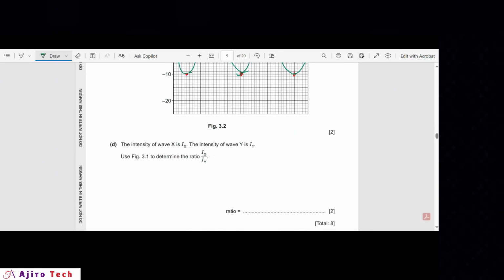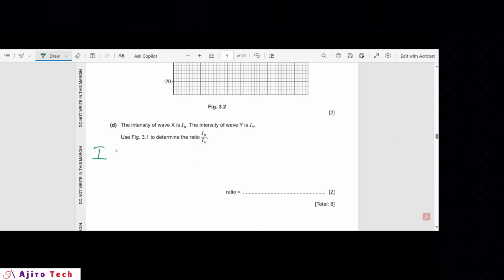Now, the intensity of X is this, that of Y is this. To start with, don't forget that intensity varies as amplitude squared. So intensity 1 over intensity 2 equals amplitude 1 squared over amplitude 2 squared.